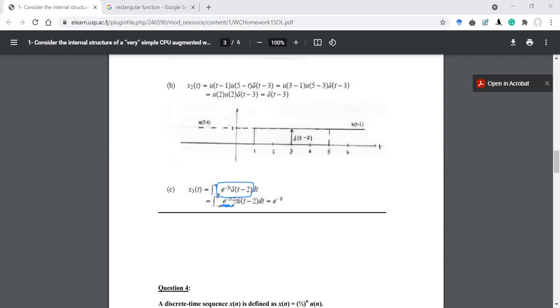This value over here is outside because it does not have any variable t, so you can treat it as a constant. When you treat this as a constant, you are just left with the integral of the impulse function, which is basically equivalent to 1.